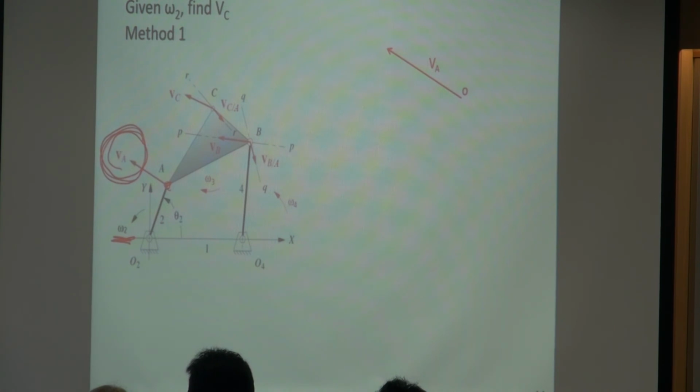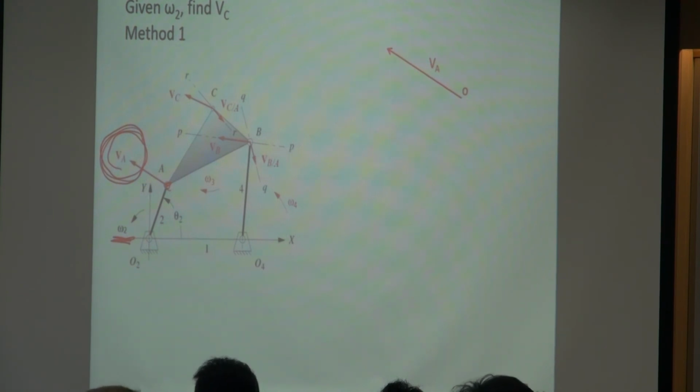So we know the value of VA, and we also know the direction of VA. Here I just draw this VA, and the direction must be the same as this one.